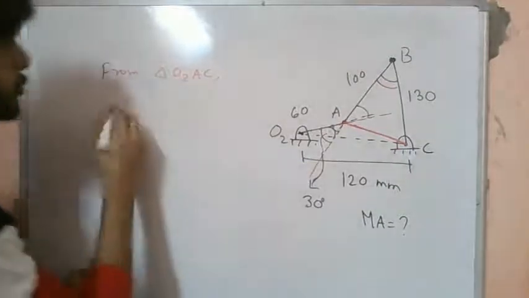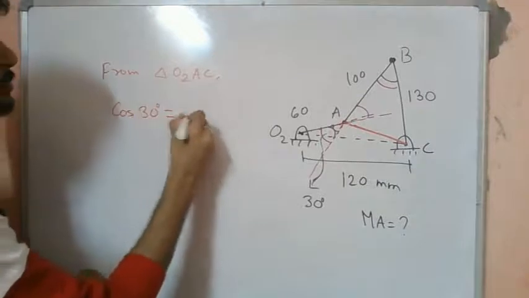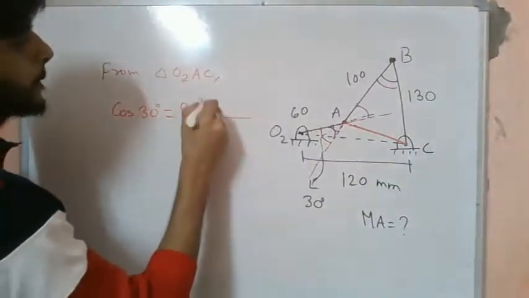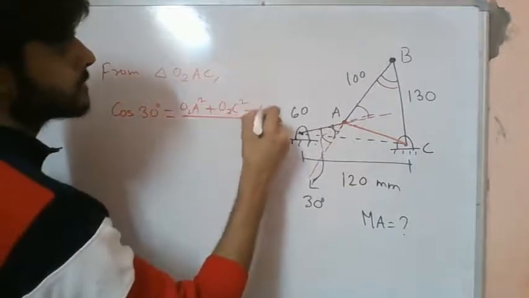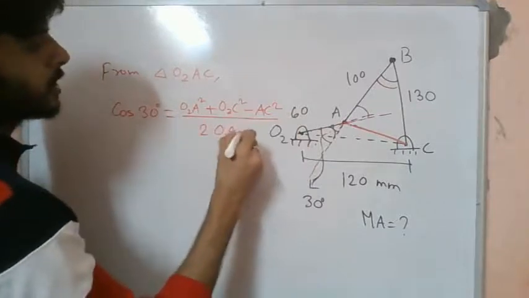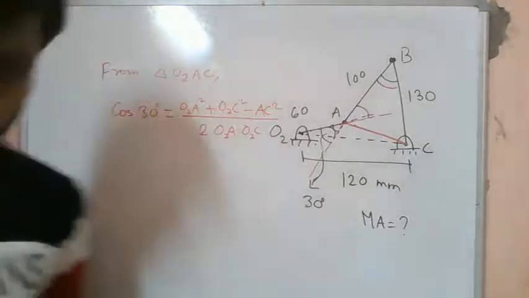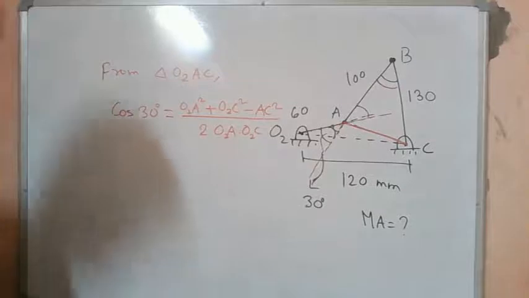So from this triangle O2AC, we see cos 30 degrees equals O2A square plus O2C square minus AC square, divided by 2 times O2A times O2C. So this is the cosine formula that we have used.